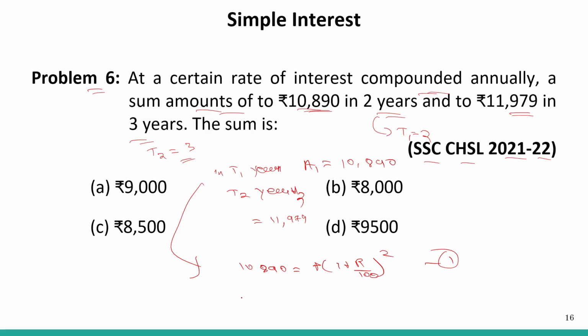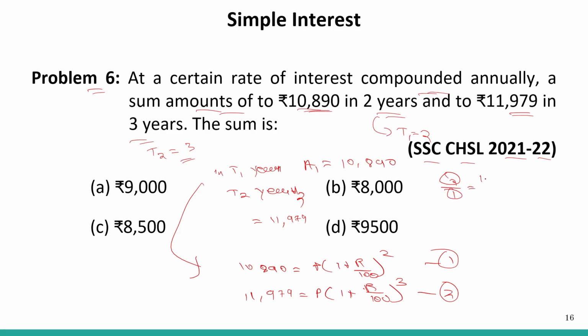And let the second one, in T2, that is in 3 years, the sum becomes 11,979 is equal to P into 1 plus R by 100 whole power 3, right? So let's do one thing: divide equation 2 by equation 1.